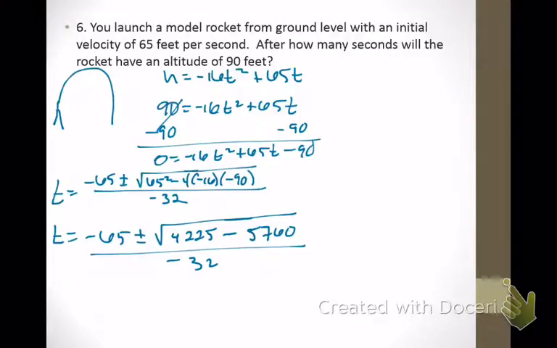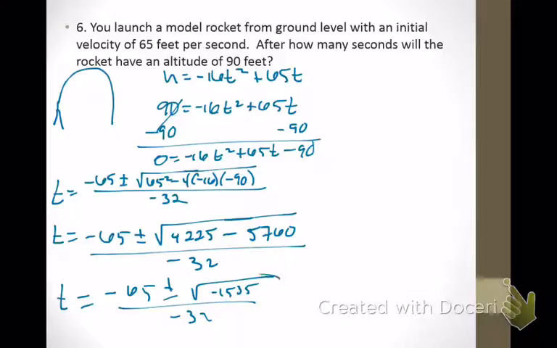Okay, sorry, it had to take a second to verify this, but it looks like we have a situation where negative 65 plus or minus the square root of 4,225 minus 5,760 is negative 1,535, all over negative 32.